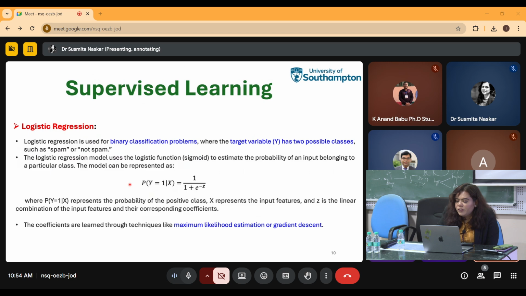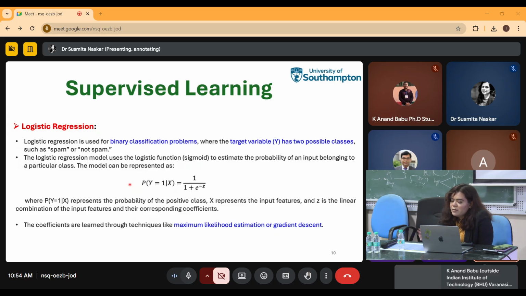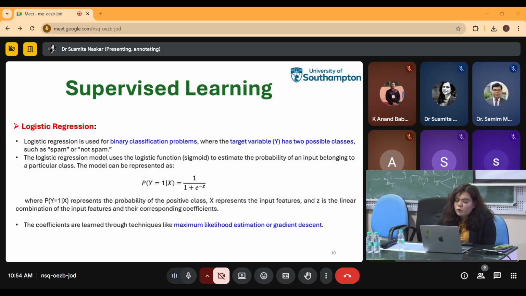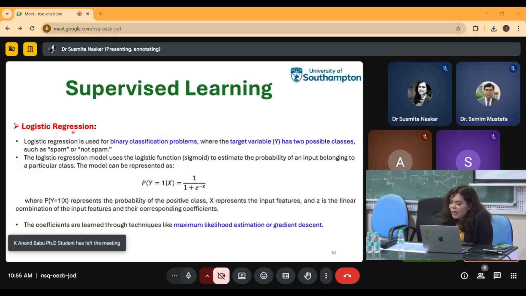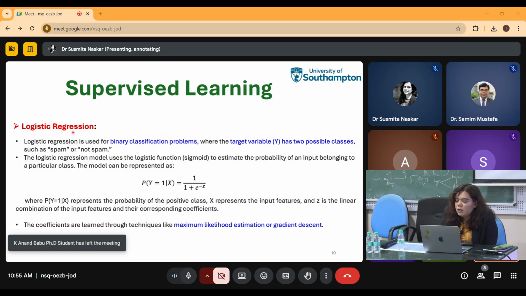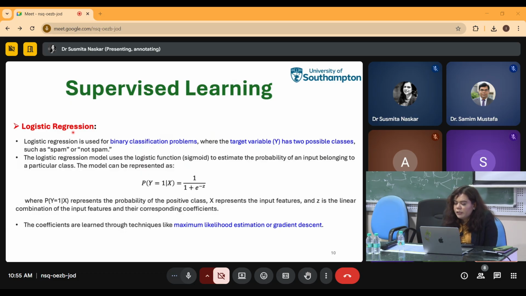The model's coefficients are learned by maximizing how likely the observed data is under the model, typically using maximum likelihood estimation or gradient descent. These are the two methods we use to optimize the fit. Logistic regression gives you a probability of class membership, which can be converted into a class label 0 or 1 by using a threshold, usually maybe 0.5 or something like that.